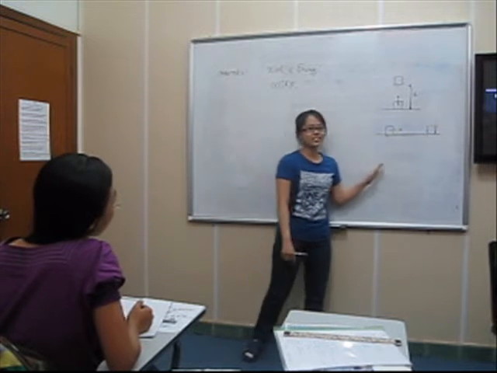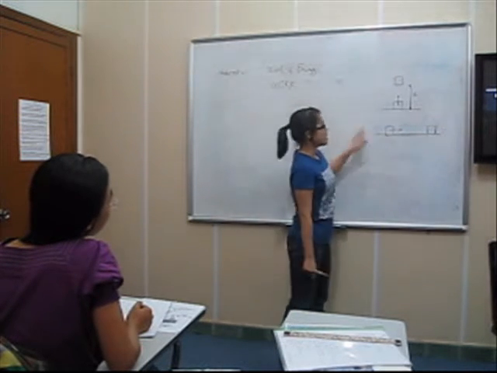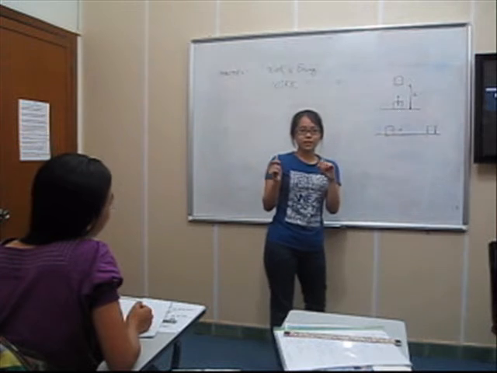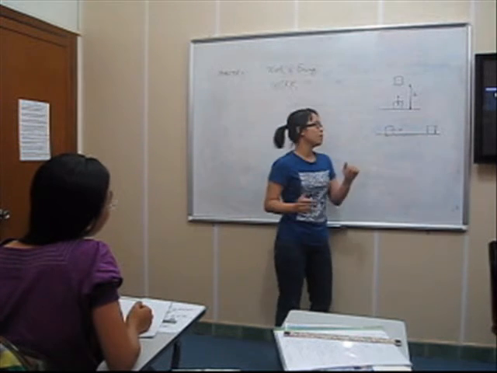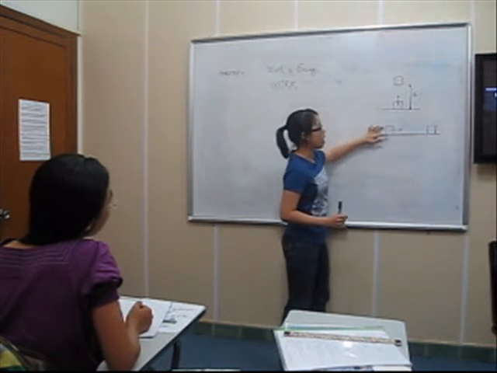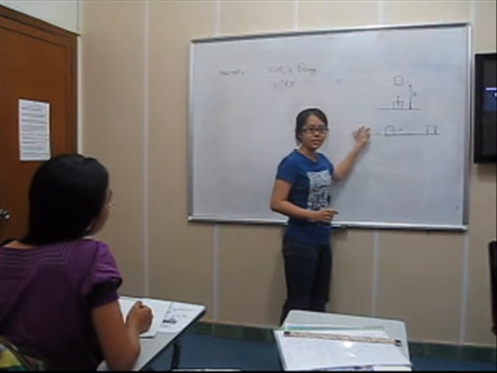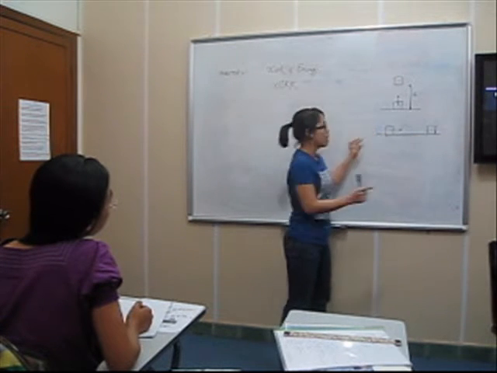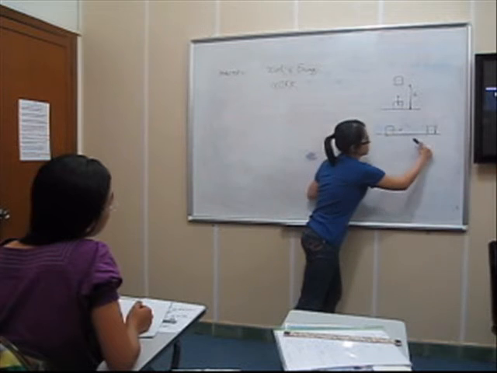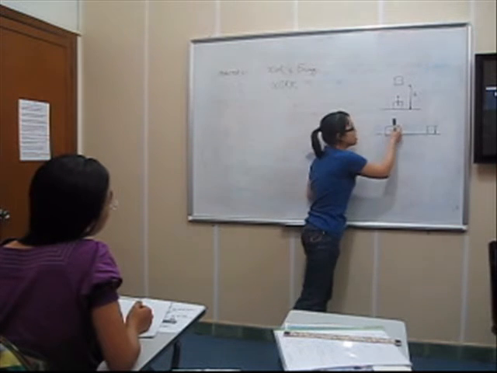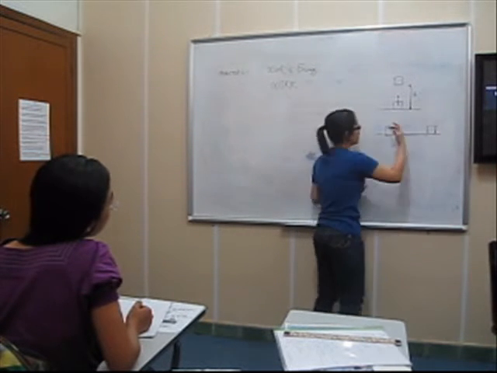Yes, thank you very much. She's right. There are two factors that must be considered when mentioning work in physics. One is the application of the force on the object, and the other is the movement of the object under the influence of that force.